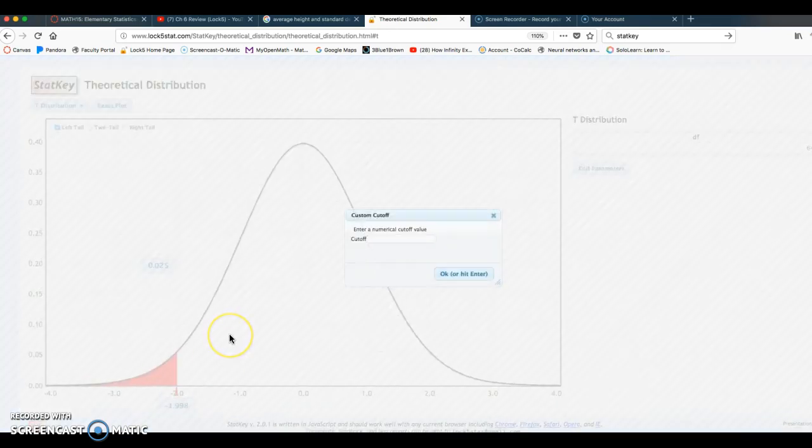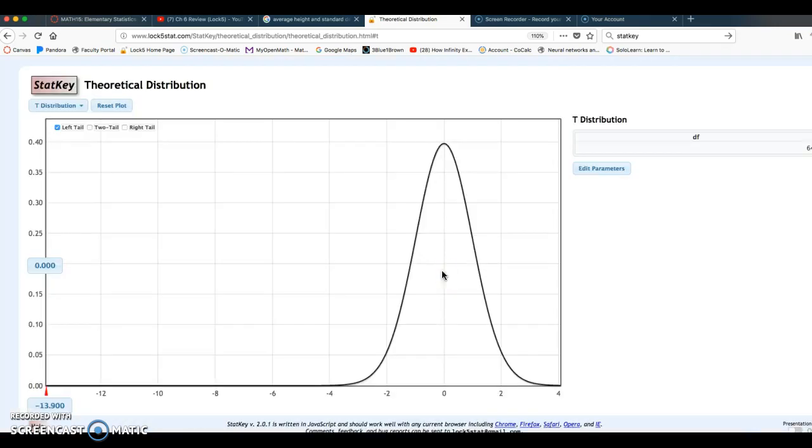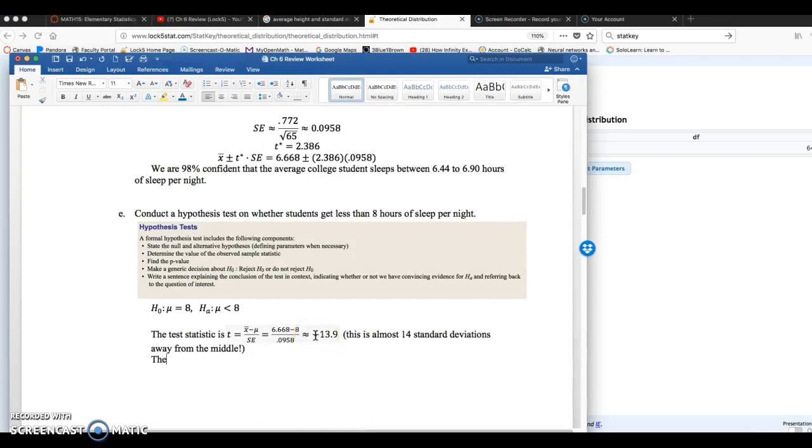At the bottom, I'm going to write down minus 13.9. And this is going to be very extreme. Notice how far we are from the center of 0. We get a p-value of statistically 0. So the p-value is statistically 0, which is less than the significance of 0.02.